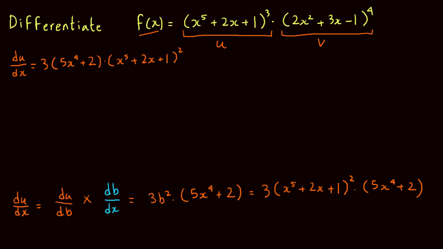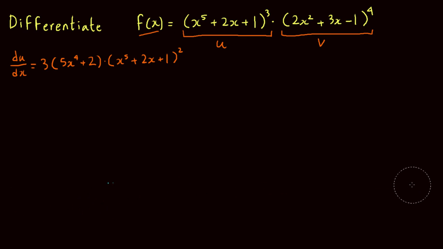Okay, that's du/dx. Then of course I'm going to have to erase this. Now let's do the same for v, right? So we know that v is equal to (2x^2 + 3x - 1)^4.